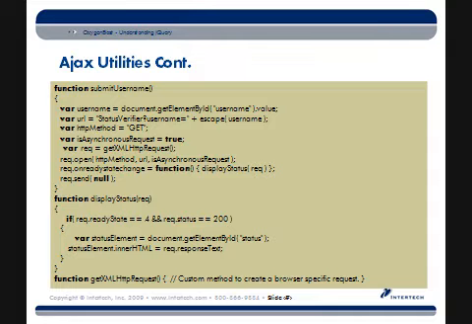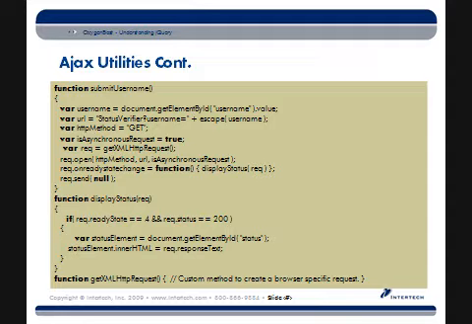I need to check that status just to make sure that the status is 200. And once that all works out, I grab a particular div, maybe it's a div or a span tag, and I stick in whatever came in the response into that area.